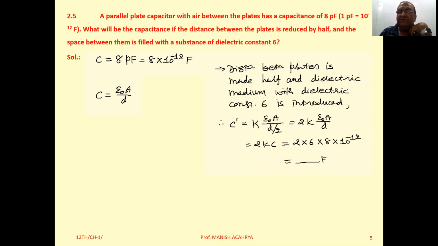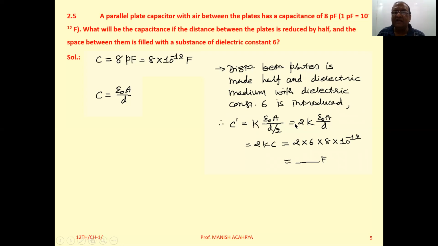So finally our equation becomes: C dash, the new capacitance, is equal to K into epsilon 0 A upon D by 2.